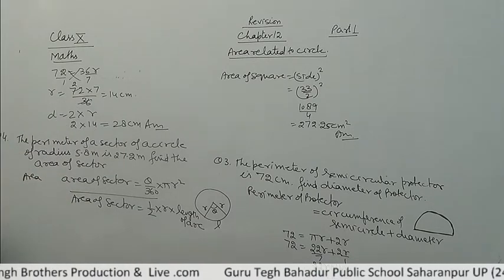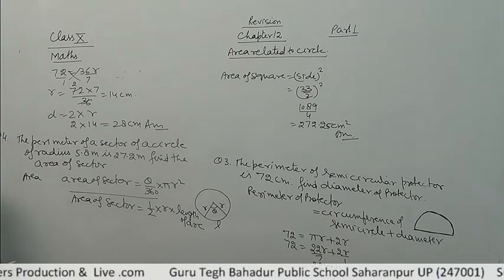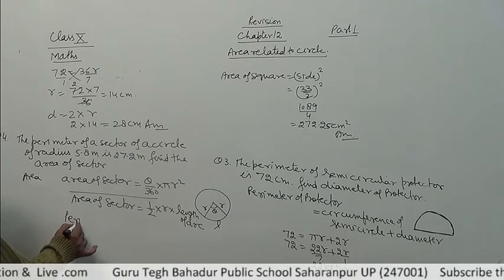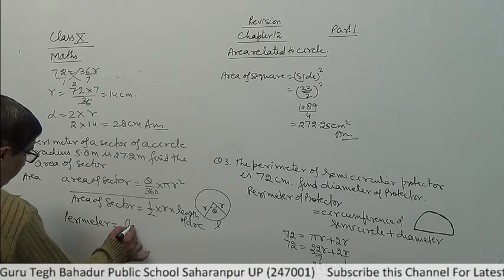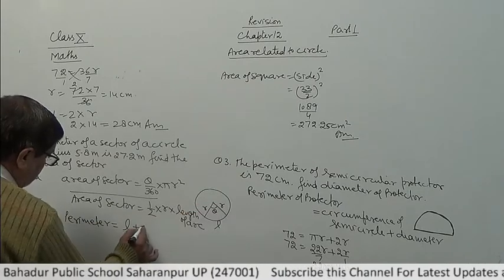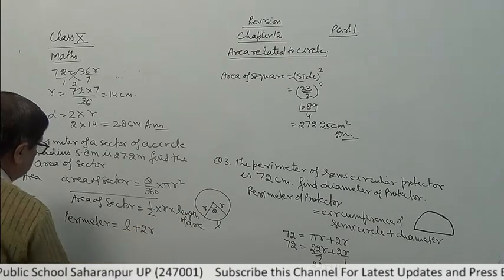So first find out the length of arc. Perimeter is equal to length of arc L plus twice radius.